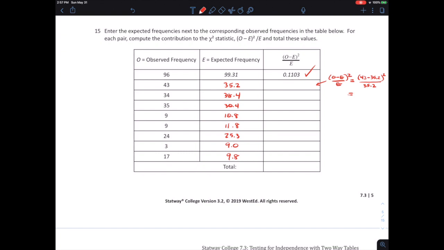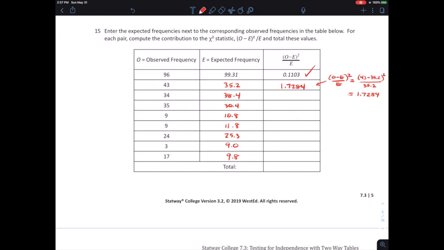Okay, and hopefully you'll get what I got, which was 1.7284. Okay, and so we'll put that in.